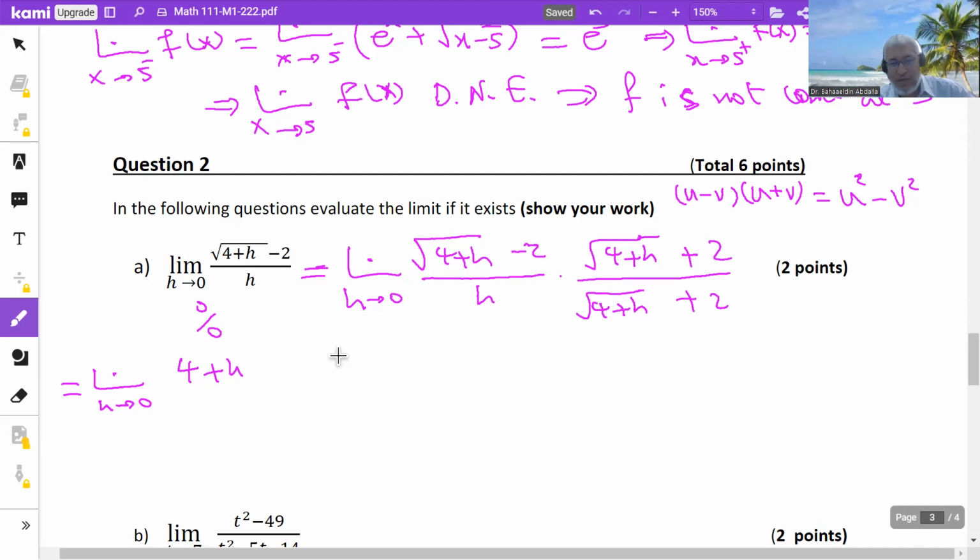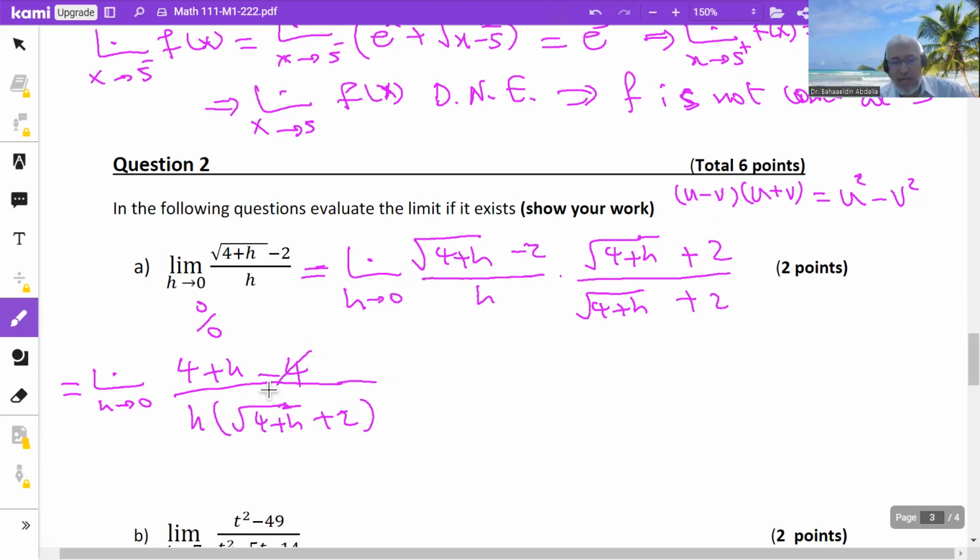I'll have 4 plus h. And then minus the square of the second term, which is 2. When you square it, it is 4. And in the denominator, I have h multiplied by these two terms. I keep them like this because there will be canceling soon.